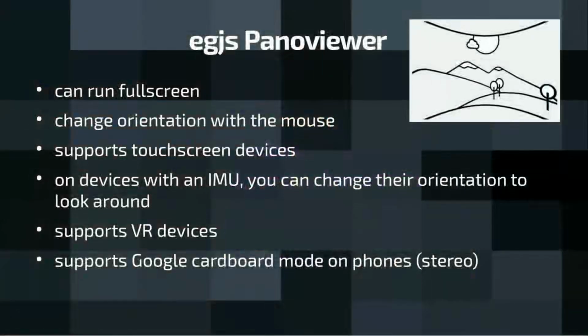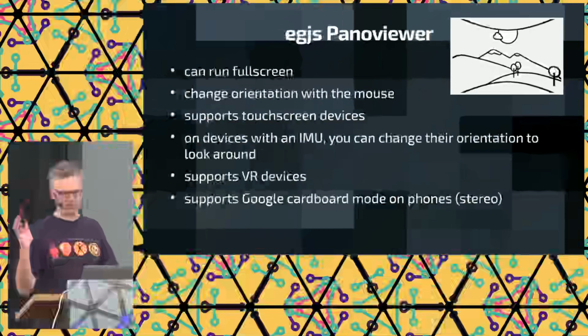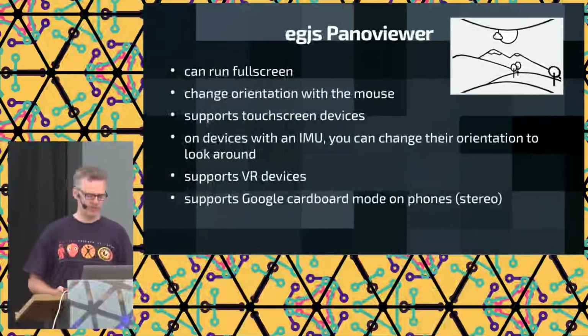So some more features: it can run full screen. You can change orientation with the mouse. And one particular feature which I think is really cool, if you have a phone, maybe you remember the old Google Cardboard.